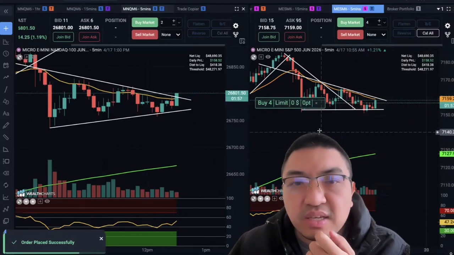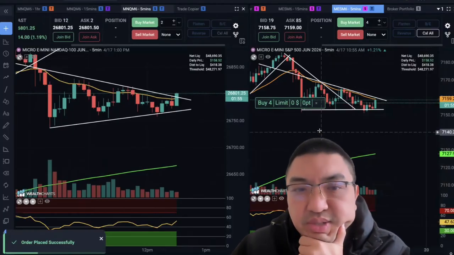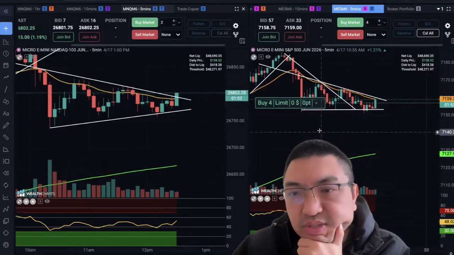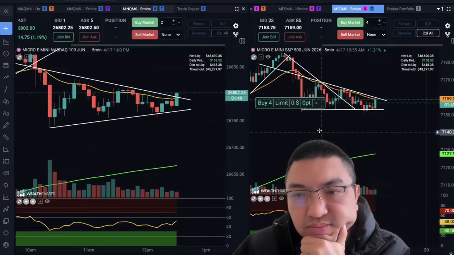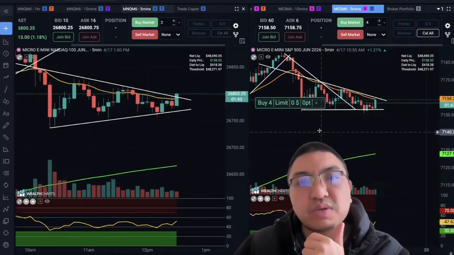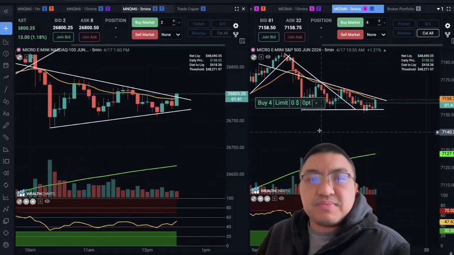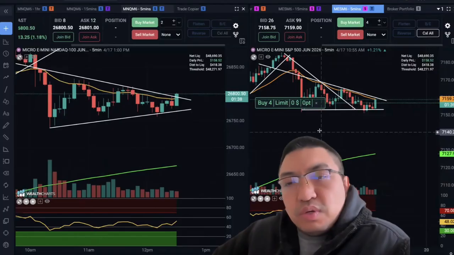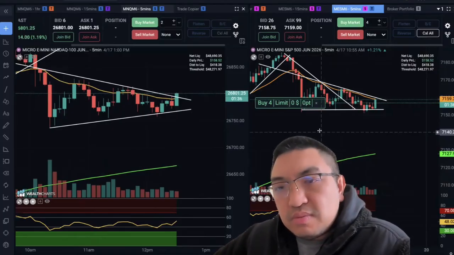Okay, let's see if we retest to here eventually. So NQ has already broken out. Oh, yes.